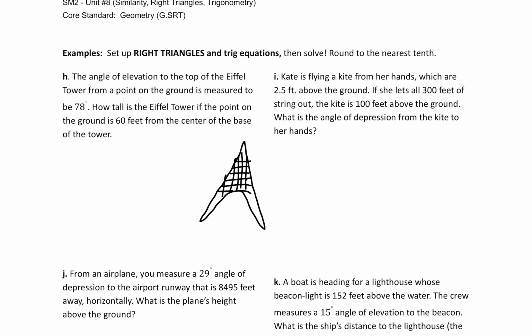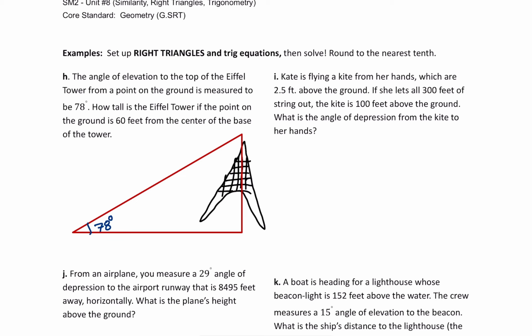Now, I'm measuring from a point on the ground to the center and the top of the Eiffel Tower. So my triangle is going to look something like this. Okay. Says that the angle of elevation, so starting at my horizontal and going upwards because we're elevation, is 78 degrees.